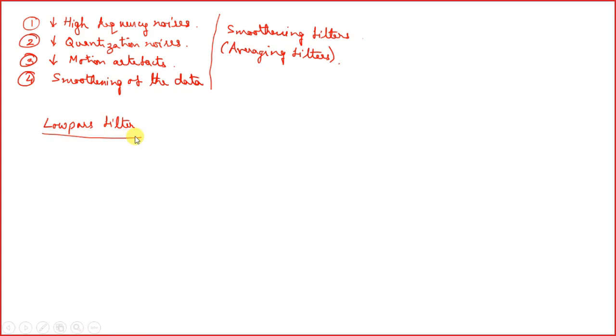All smoothing filters are a kind of low pass filter. Can anyone tell me why? Because it is removing high frequency components. Okay. How come it reduces the high frequency components? Any idea?